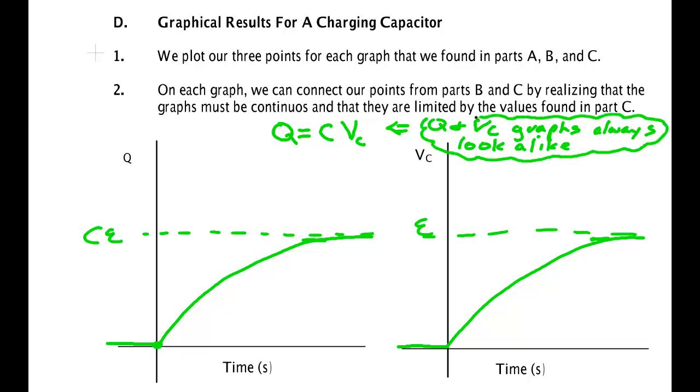So, on an AP test or exam in a class, if you happen to be seeing a choice, say on a multiple choice of different graphs, these graphs not only have to be continuous, they can never have jumps, but they have to look the same. The only thing that changes is that the height of this graph is multiplied by the value of C to get the height of the graph for the charge.